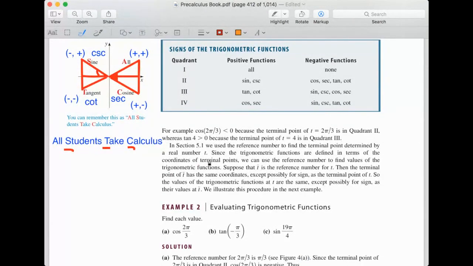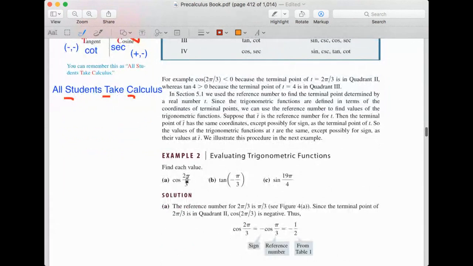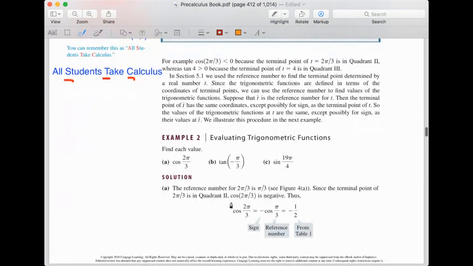So we do pi minus 2 pi over 3, which is pi over 3. So we have cosine 2 pi over 3 equals negative cosine of its reference angle, because it's in the second quadrant.